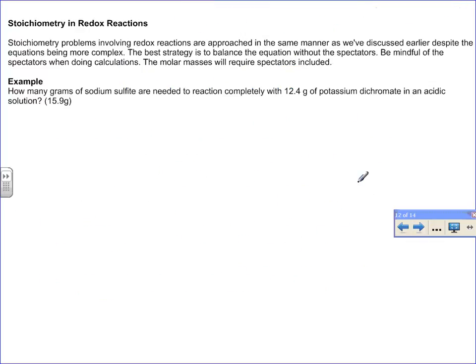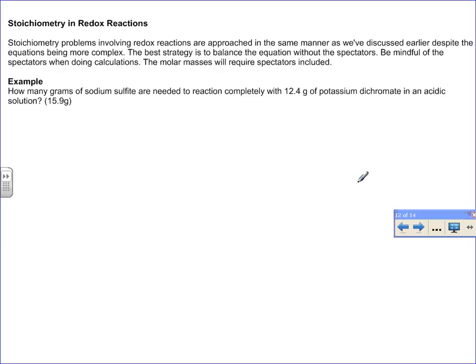Okay, so we are really now just looking at stoichiometry in redox reactions and titrimetry in redox reactions. The basics of the balancing has already been done, and now what we're going to be doing is applying it and using stoichiometry.